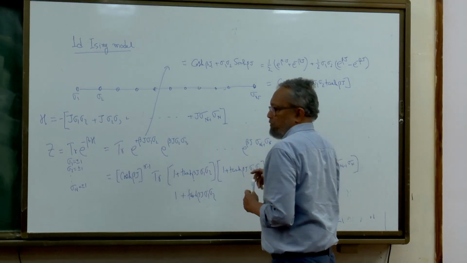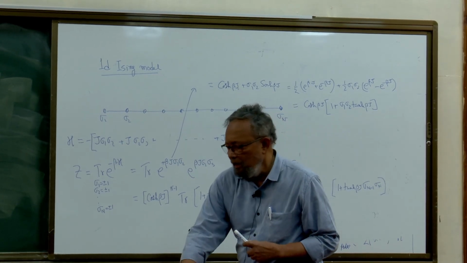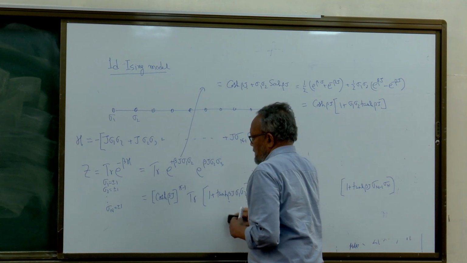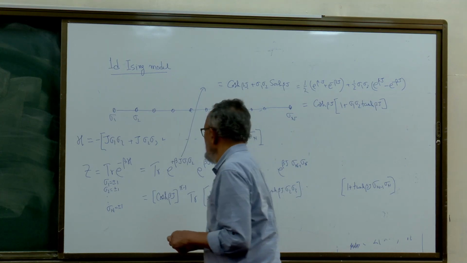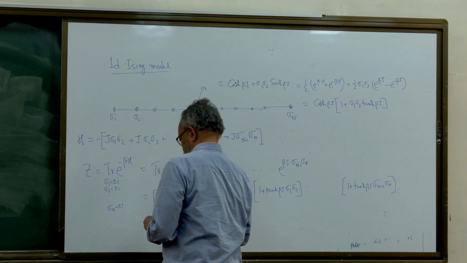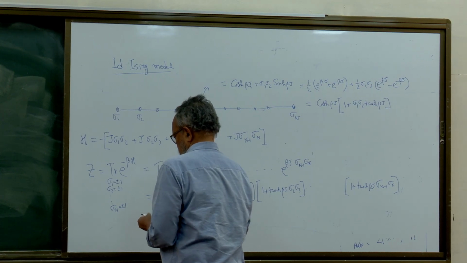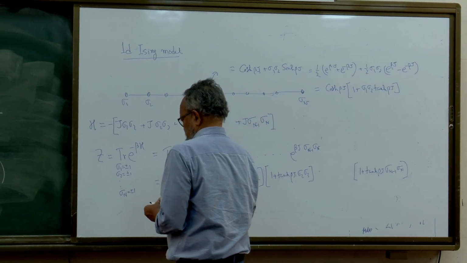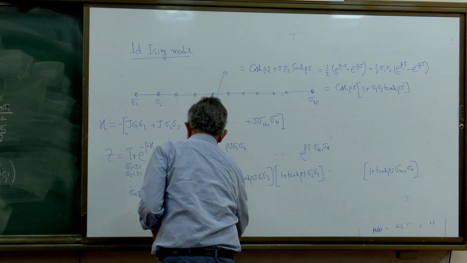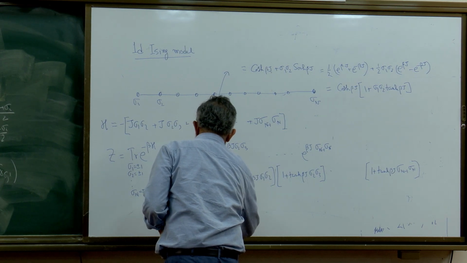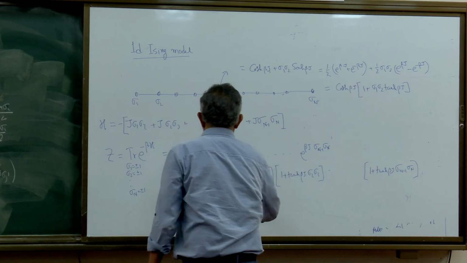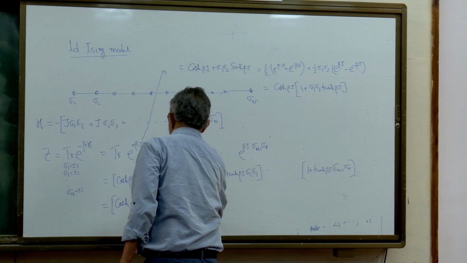Take 1 from each of these things. And then when you take the trace, each sigma can have 2 values. So it is cosh beta J raised to the power n minus 1, and then 2 raised to the power n.